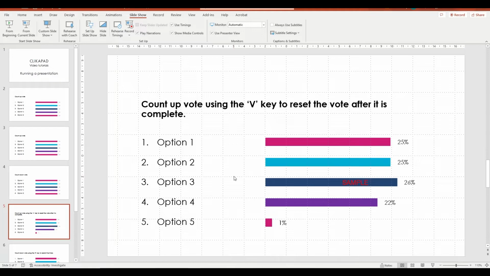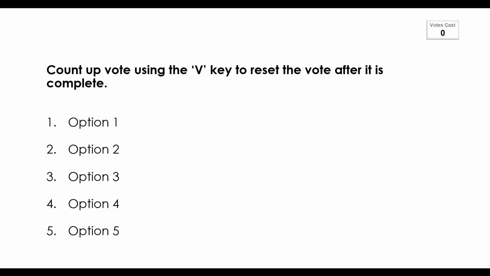The next thing that I'm going to show you is how to completely reset a vote after it has been completed. To do this, we're going to use the V key again. To show you this in practice, I'm going to run this slide here and then vote on it.